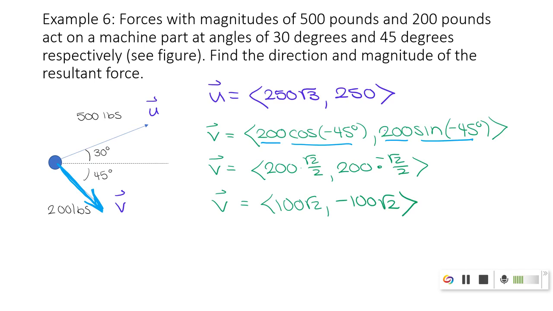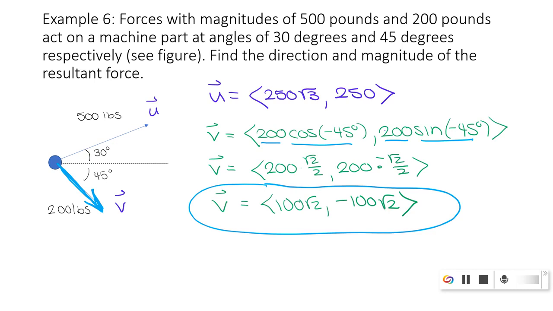I do some math and I end up getting a horizontal component of 100 root 2 and a vertical component of negative 100 root 2. I'm glad that the vertical component turned out to be negative because I can visually see that that vector is going down instead of up.